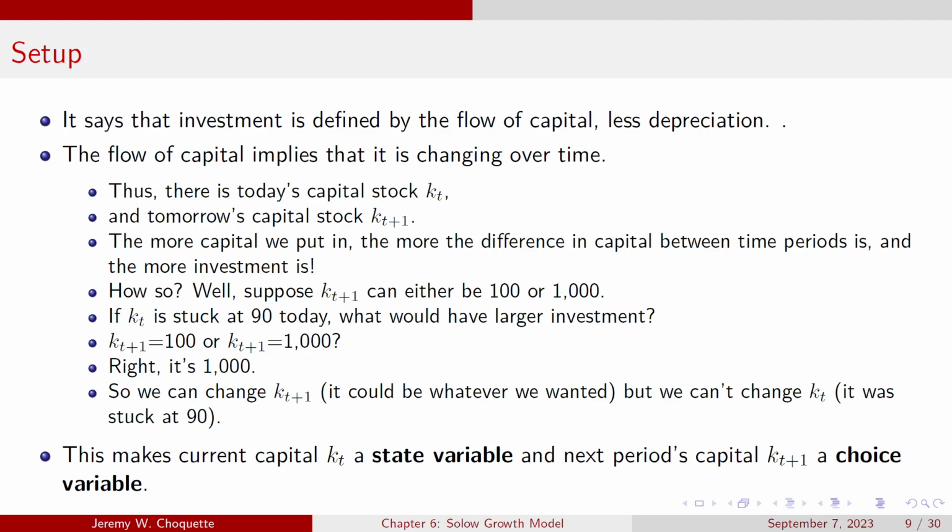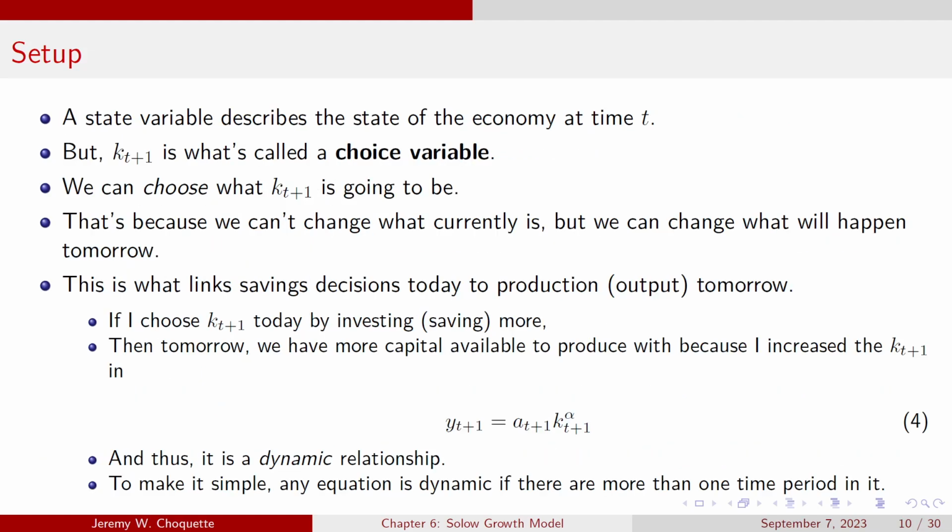That makes current capital at k_t a state variable. And the next period's capital, k_{t+1}, is what's known as a choice variable. Now, a state variable describes the state of the economy at time t and cannot be changed. A choice variable, right, is a variable that we can choose. k_{t+1} can be chosen.